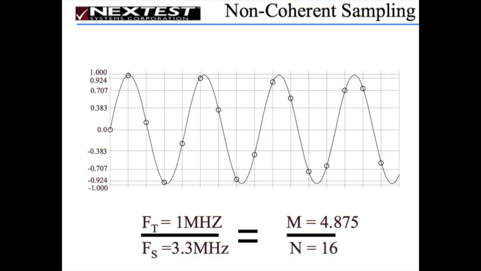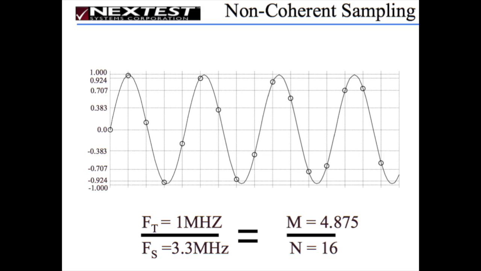You have 0 degrees at 0 volts. You have almost 1, almost 0, almost -1, almost 0 again. You can see they're kind of drifting around, but that's not a solid coherent waveform because M is 4.875.